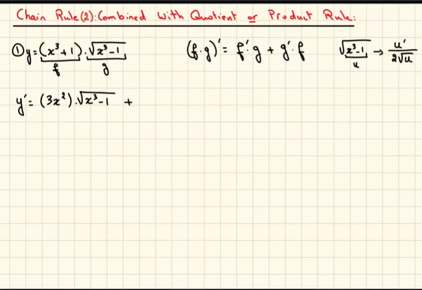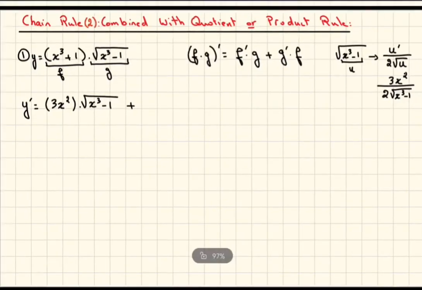So u prime in this case will be the derivative of x cubed minus 1, which is 3x squared, over 2 radical of x cubed minus 1. So basically this is our g prime. I'll write it there. Multiplied by f, which is x cubed plus 1.